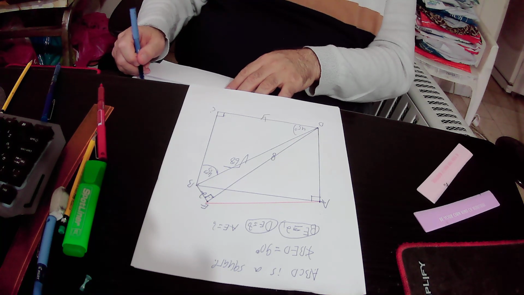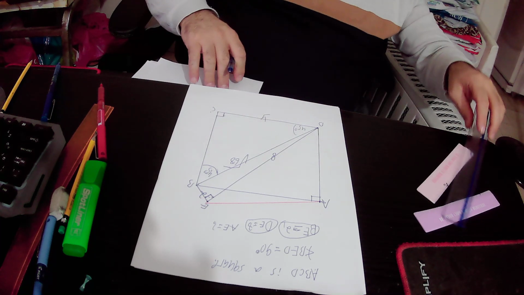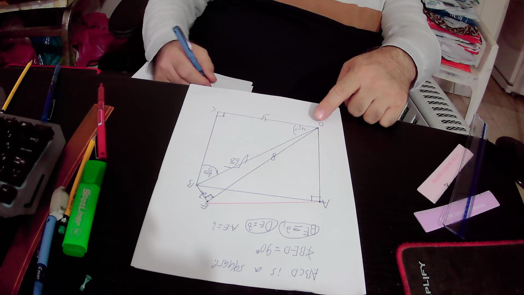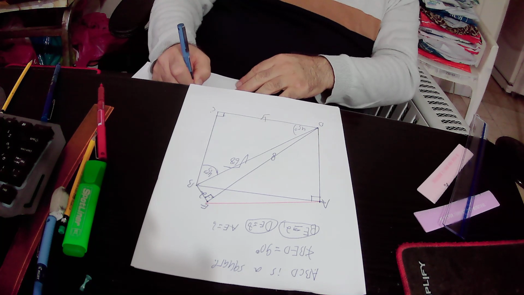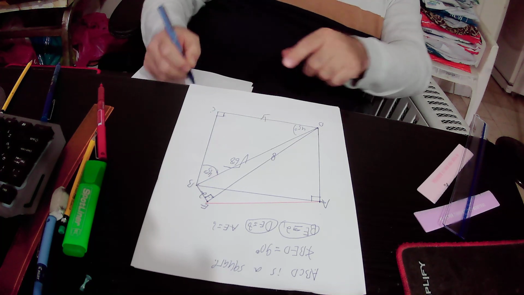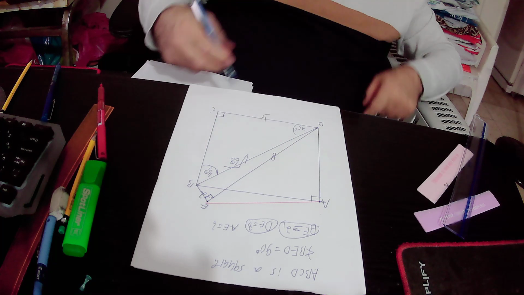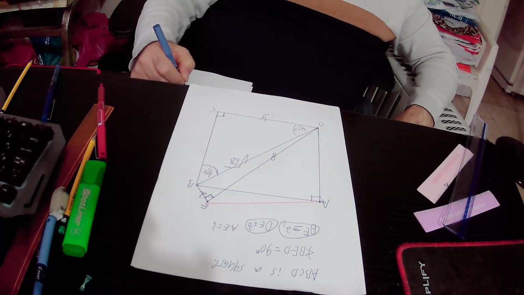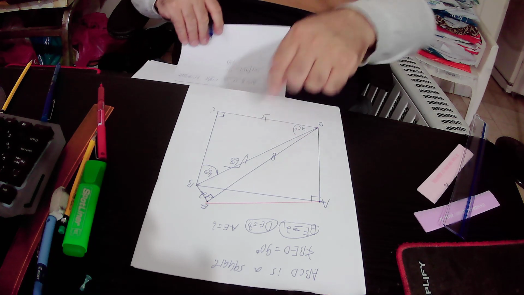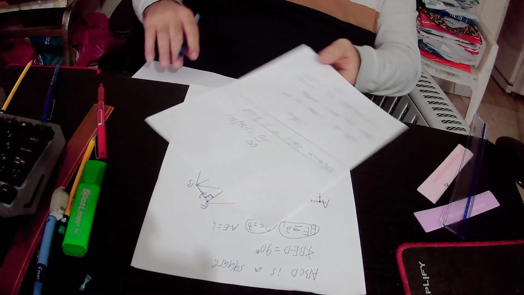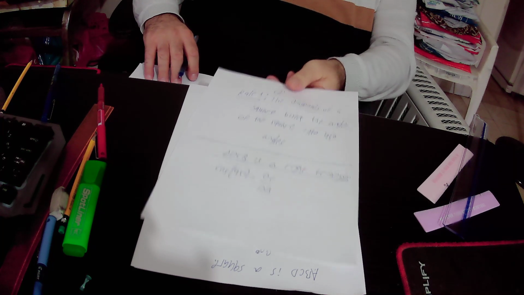And in the right triangle DCB, we know that cosine 45 degrees equals DC over DB. I will repeat again. In the right triangle BDC, cosine 45 degrees equals DC over DB.